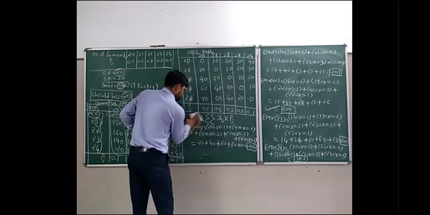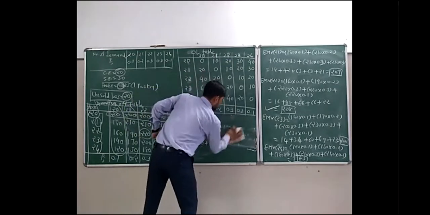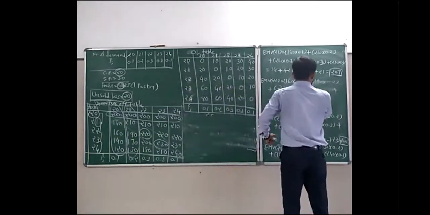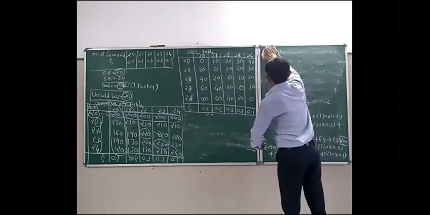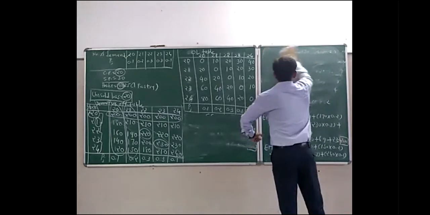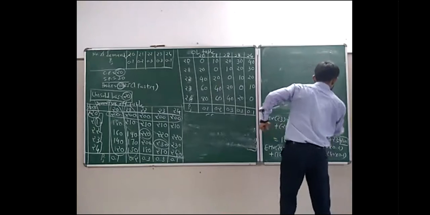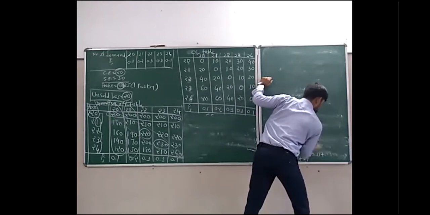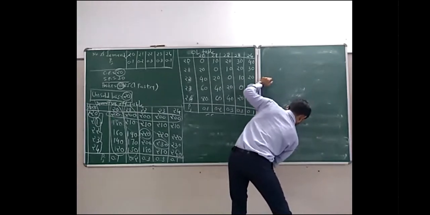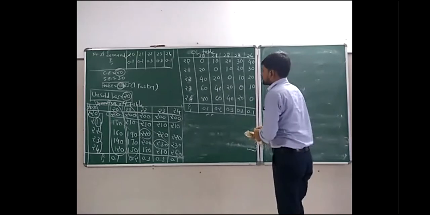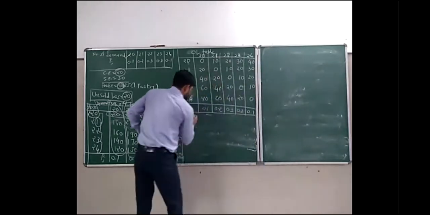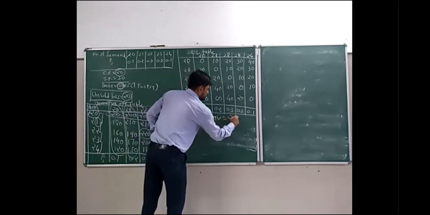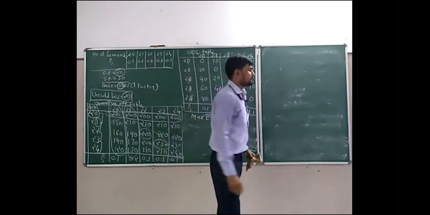So there is no need to find EOL now, because the maximum EMV is 208, which we have found earlier.